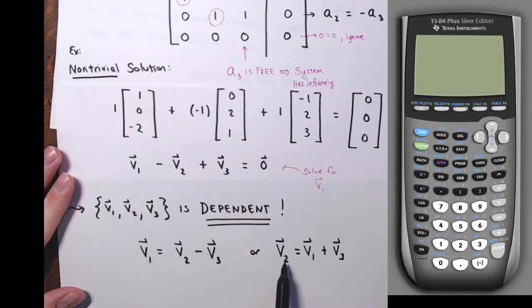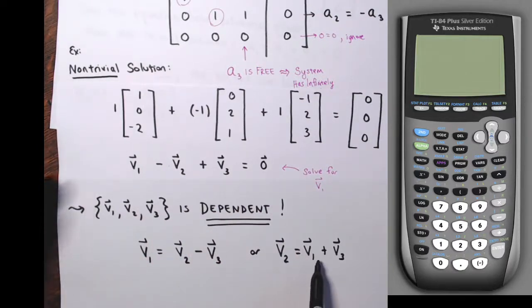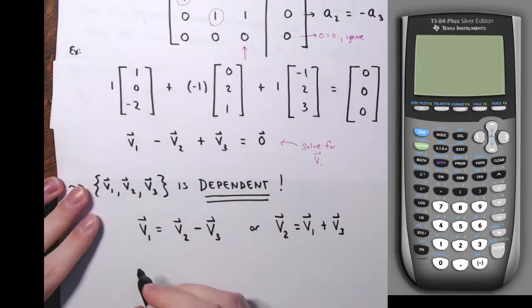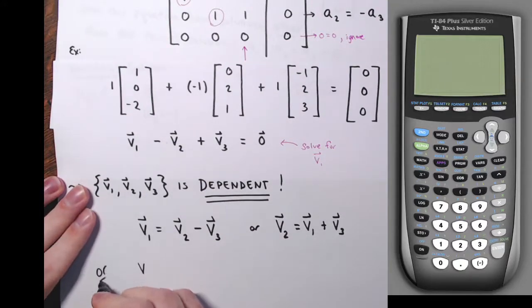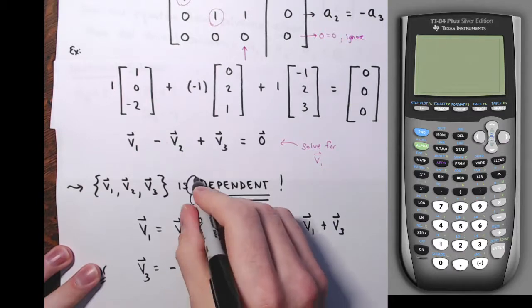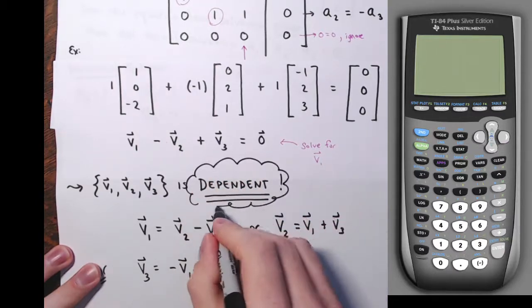Again, we can see that one vector can be expressed as a linear combination of the others. I could have also solved this for v3. V3 would be equal to negative v1 plus v2, and you see that v3 depends on v1. Either way, no matter how I look at it, these are definitely dependent vectors, right?